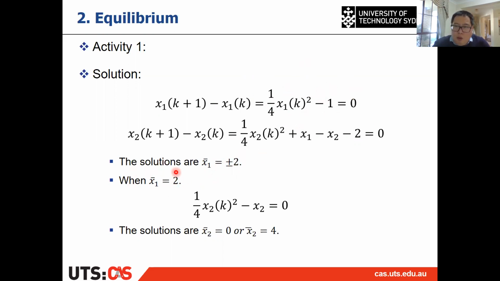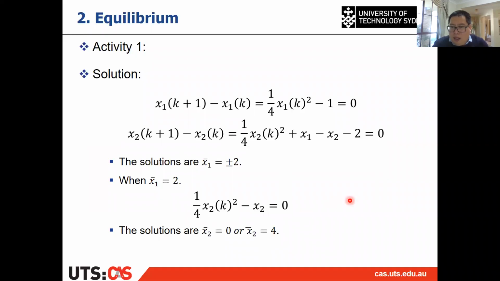When x1 bar is equal to 2, we can back substitute 2 into the second equation, and then we have the second equation like this. From this equation, we can have x2 equal to 0 or x2 equal to 4.